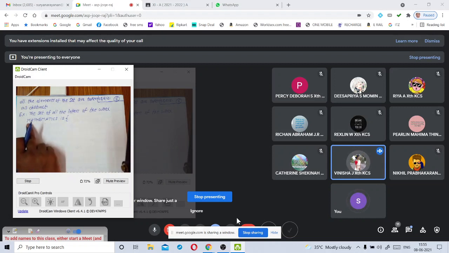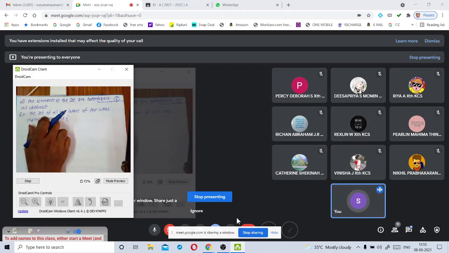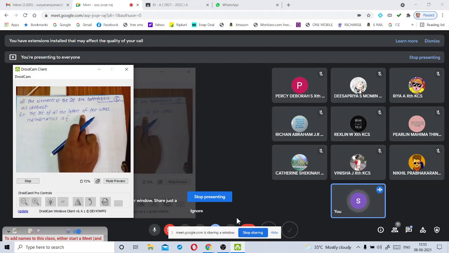Sir, MATHEMATICS. Okay, these are the letters of this word. But we are writing this set in the roster form. Which method you are following to represent this set?